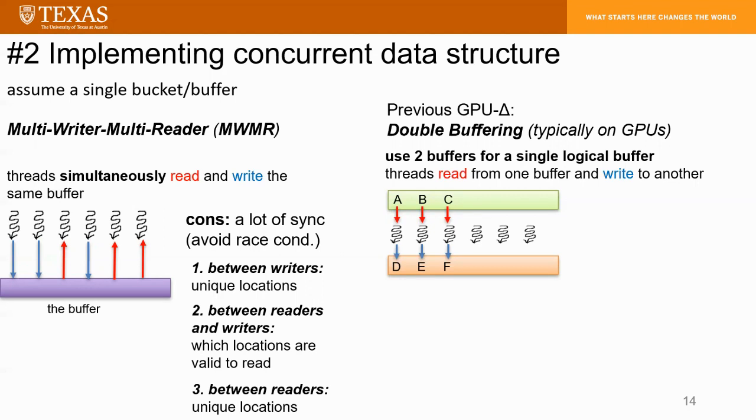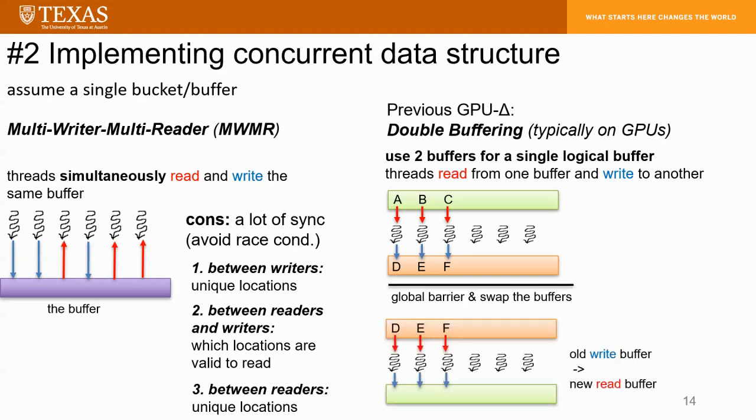For example, here D, E, and F are written to the write buffer, and we must read them out somehow. To do this, we use a global barrier. We wait for all the threads to finish execution and finish writing to the buffer. Then we swap the two buffers, so the old write buffer becomes the new read buffer, and we can read the data out. We continue the process until the algorithm finishes.